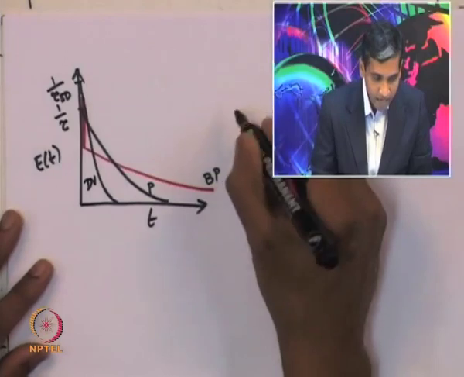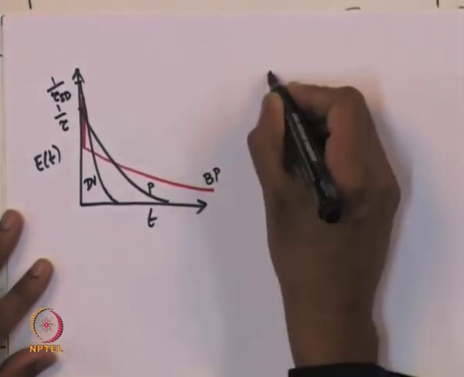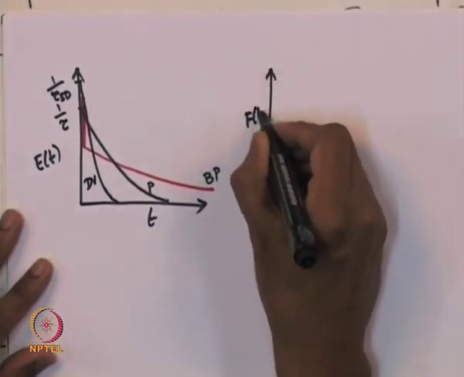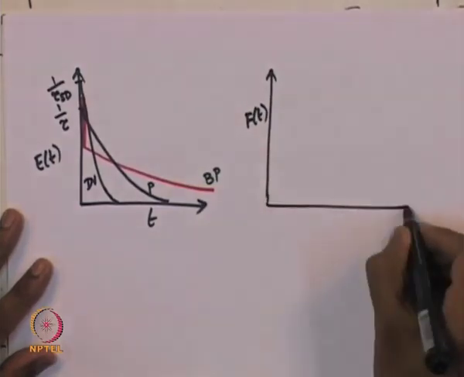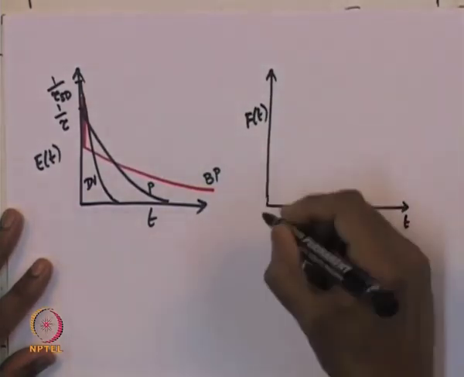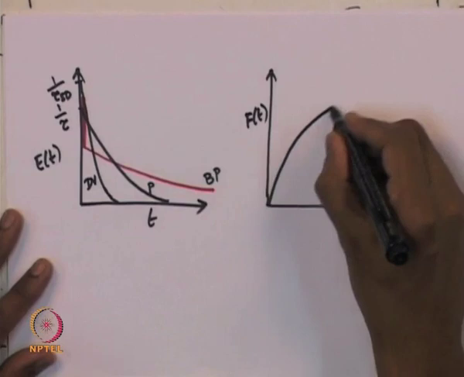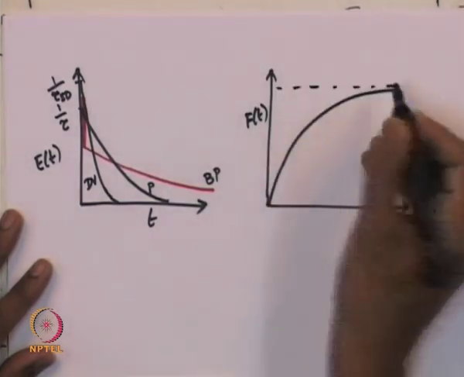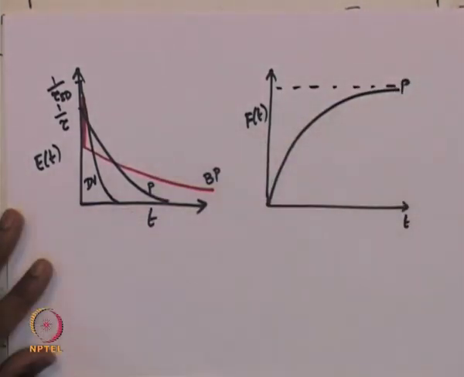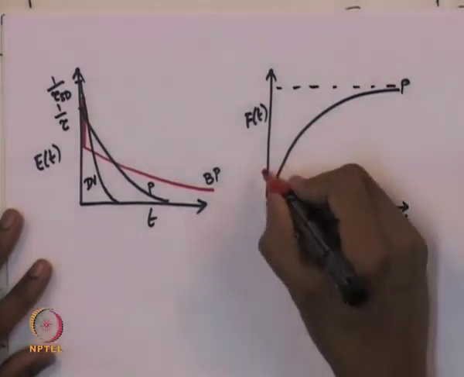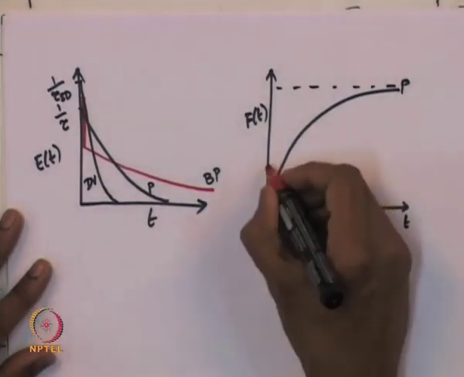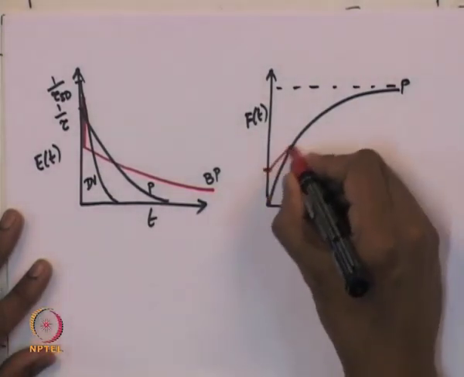Now, similarly, we can plot the F curve. So, for a perfect operation, that is the kind of behavior, and then for bypassing, there is a jump right at t equal to 0.